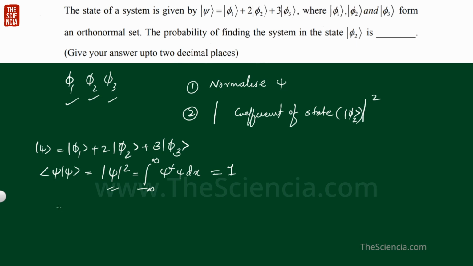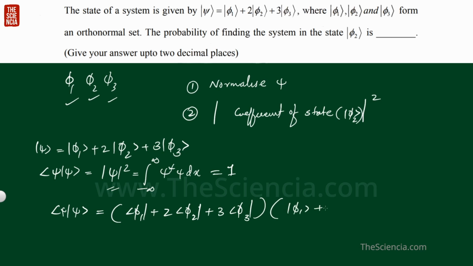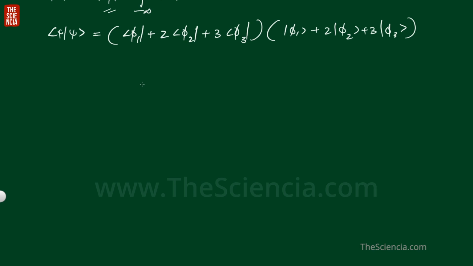So here we have to find out this value bra psi ket psi, that is equal to bra phi 1 plus 2 bra phi 2 plus 3 bra phi 3 into ket phi 1 plus 2 ket phi 2 plus 3 ket phi 3. Okay, and in the question it is specified phi 1, phi 2, phi 3 are an orthonormal set.